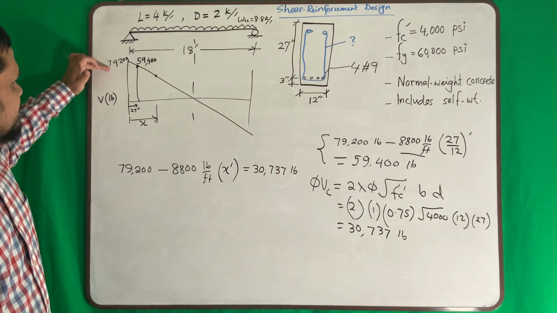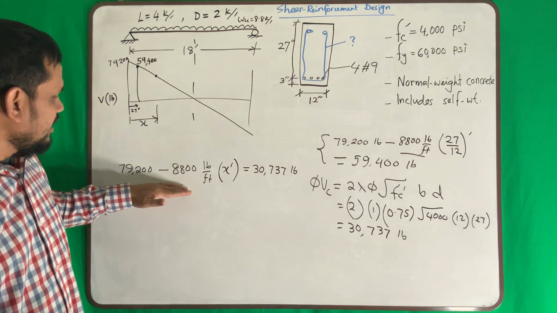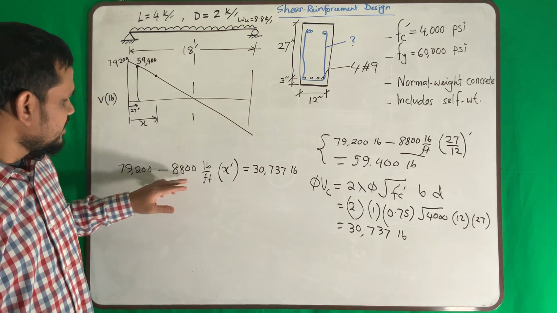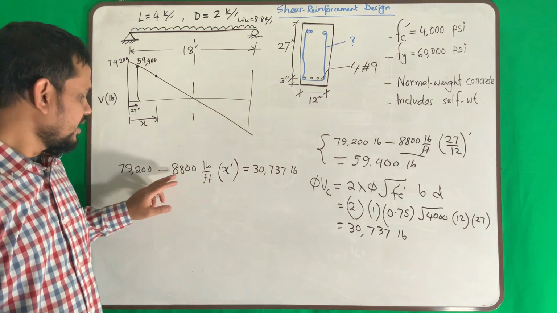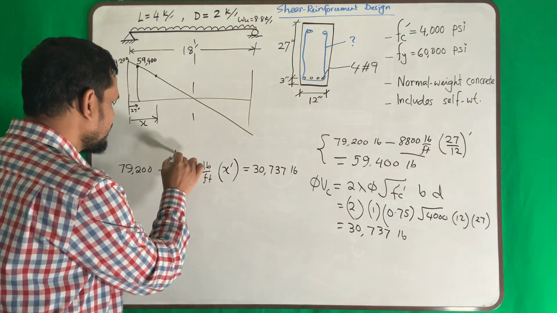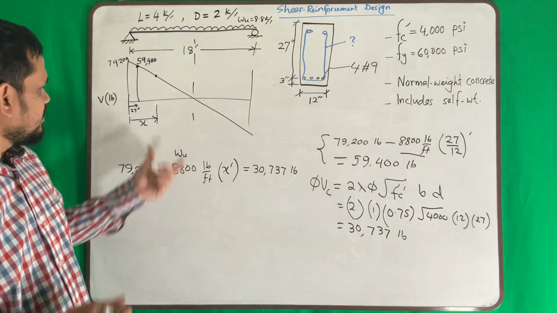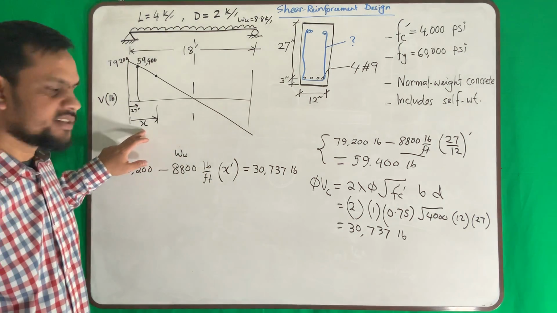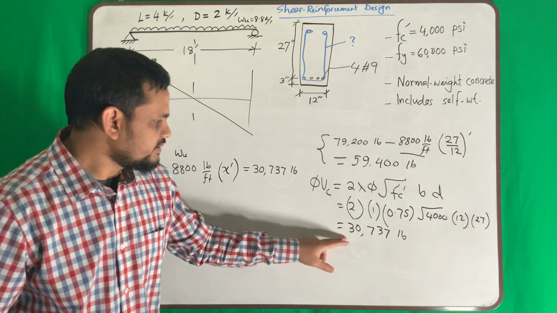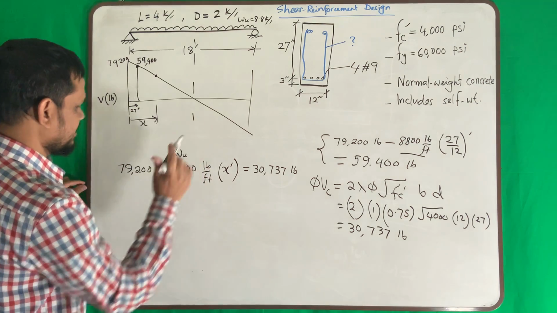Initially my value was 79,200 pound, and then it is decreasing 8,800 pound per feet. Where did I get it? This is my Wu. And then after traveling x feet, I do not know the value of x, my value is 30,737. Then we can solve it to find the x.